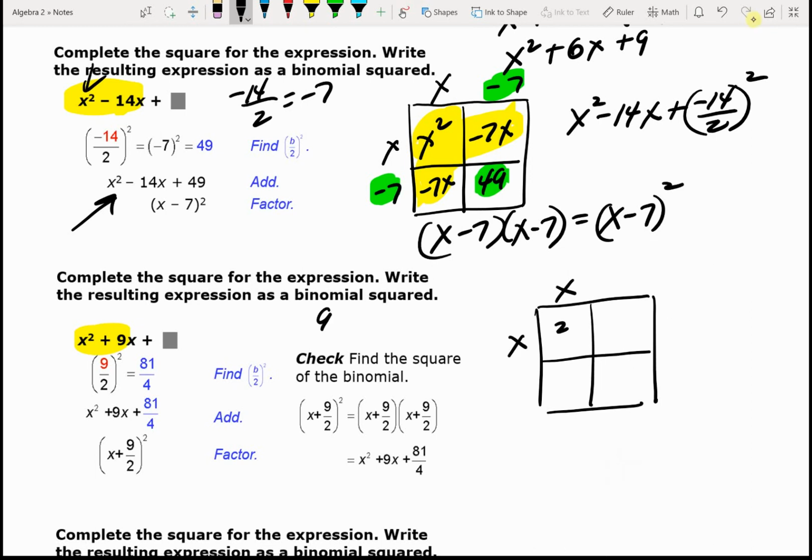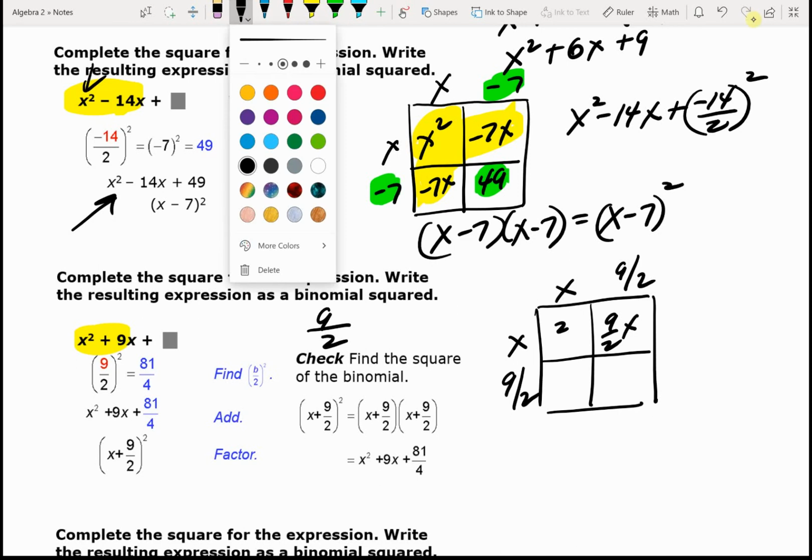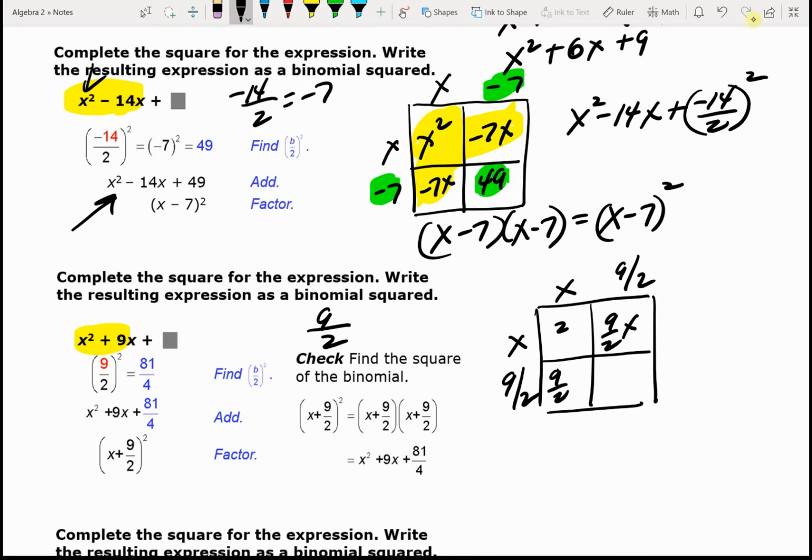I take 9, divide that by 2, and no decimals here, that will be 9 halves. X times 9 halves is 9 halves x, and 9 halves times x is 9 halves x. And 9 halves plus 9 halves will give you 18 halves, which is 9, which is what we started with.